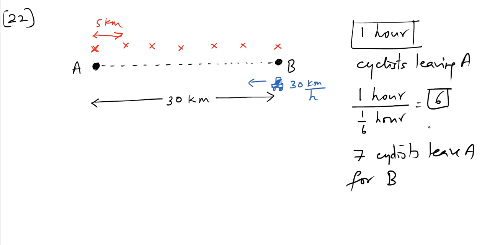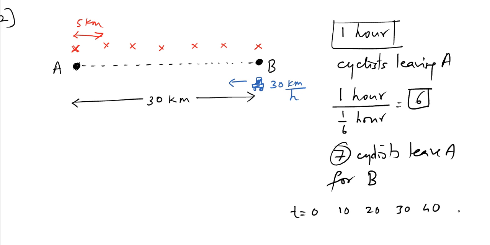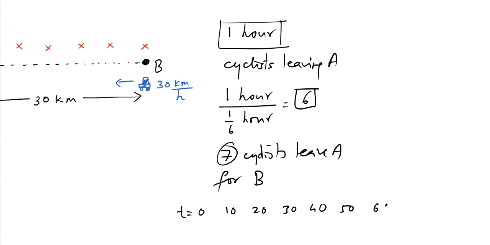in 1 hour. For those who don't understand why I added 1, it's like this: at t equal to 0, what are the times involved? T equal to 0 is the time when one cyclist leaves A, and 10 minutes, 20 minutes, 30 minutes, 40 minutes, 50 minutes, and 60 minutes.